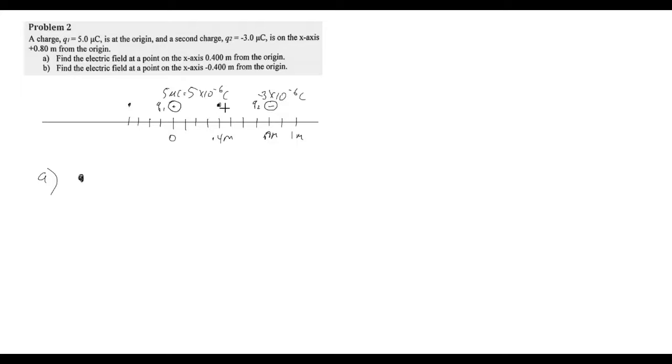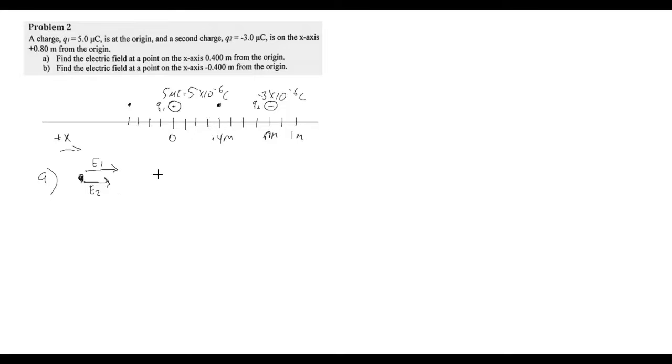We've got another E field from Q2 pointing in the positive x direction. So what you're going to have is E1 and E2, which is slightly smaller. We'll talk about why in a sec. Both pointing in the positive x direction. So when we find each of these magnitudes, in this case we can actually just add them together because they're both pointing in the same direction on the same axis.